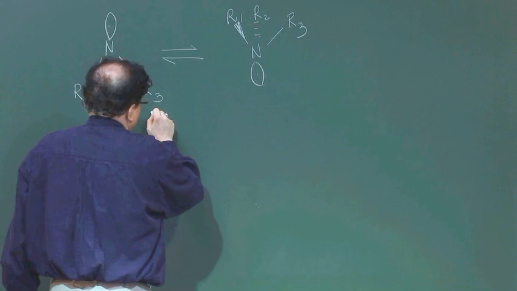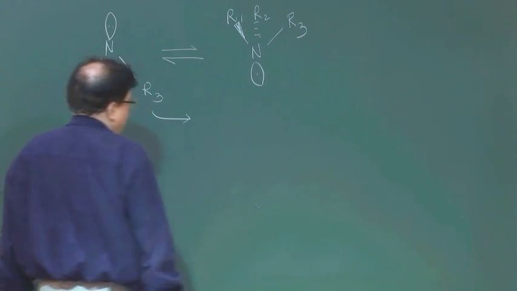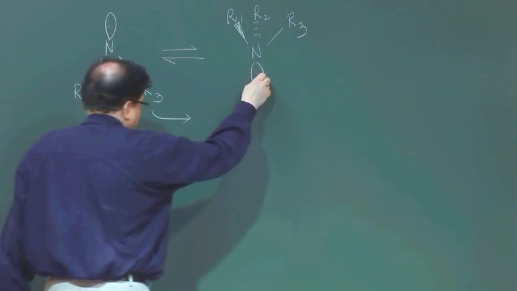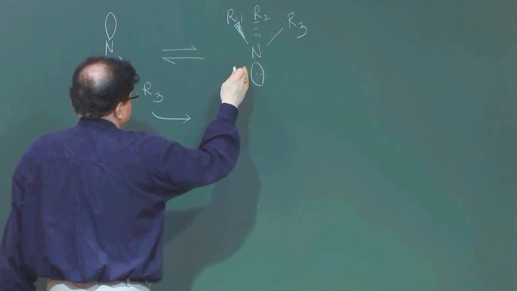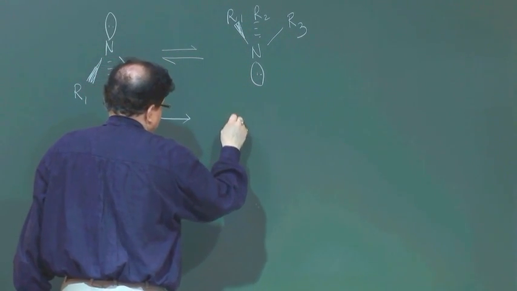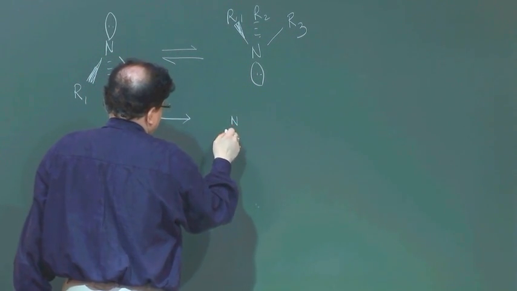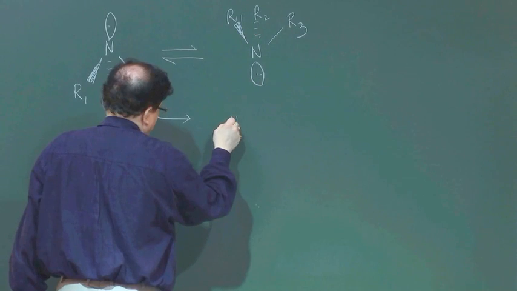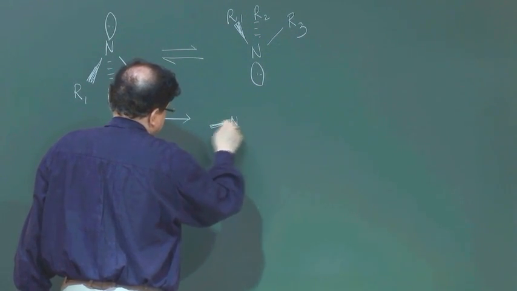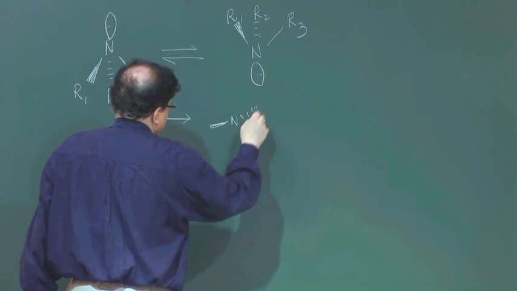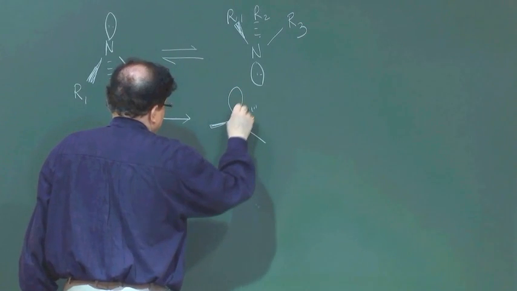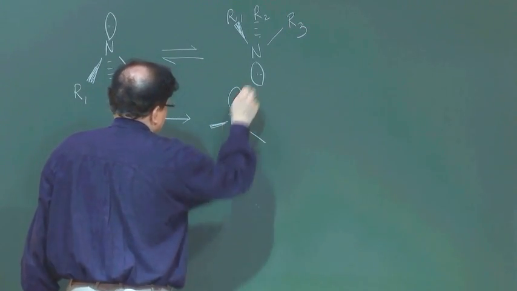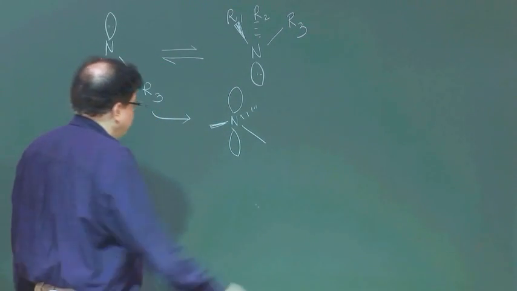Now, one thing is clear, that was shown earlier also, that while going from this to this, the nitrogen has to go through a pyramidal shape, that means the groups have to be pyramidal. And this orbital, the lone pair, now assumes a pure p orbital.